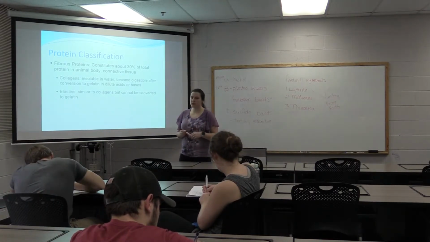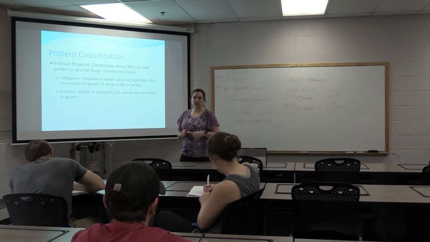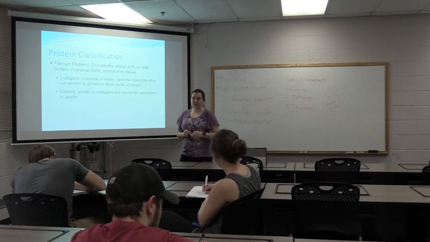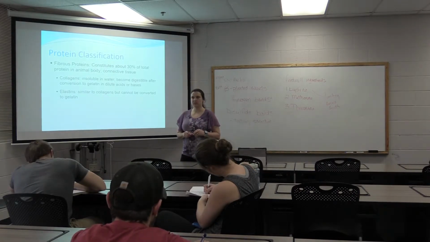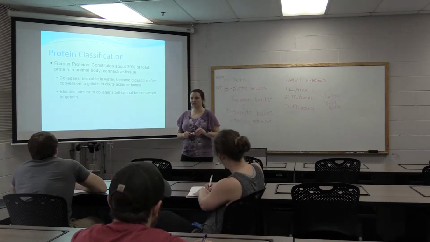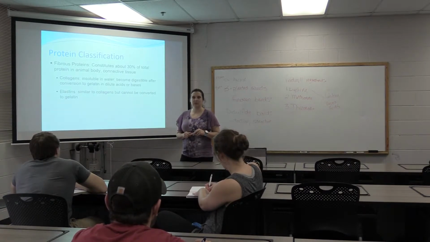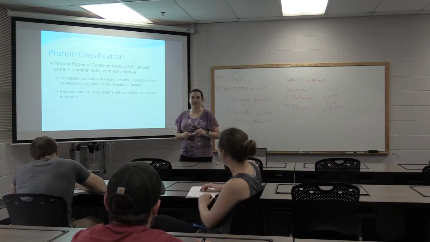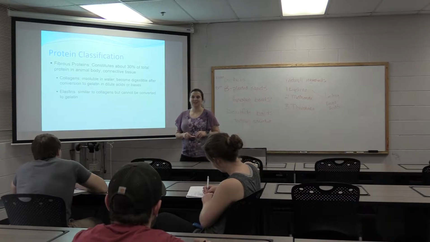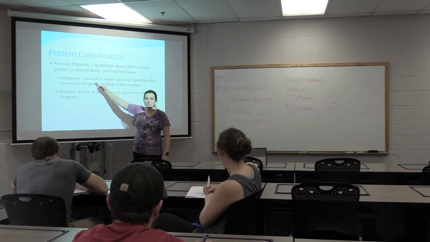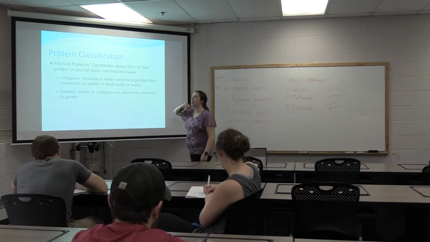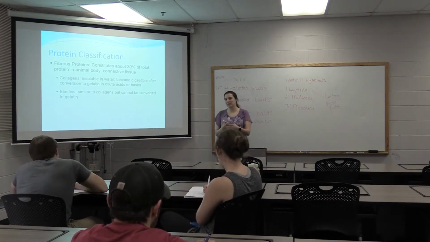Why do you guys like to cook? If you get a chuck roast, what's the best way to cook a chuck roast? Smoke it. Crock pot. So what's the crock pot doing? It's a slow cooker. So you end up melting all the collagen, and that's what's making all the meat fall apart.